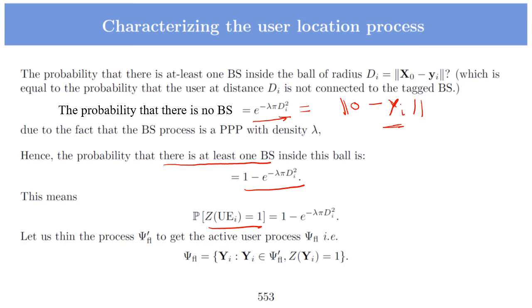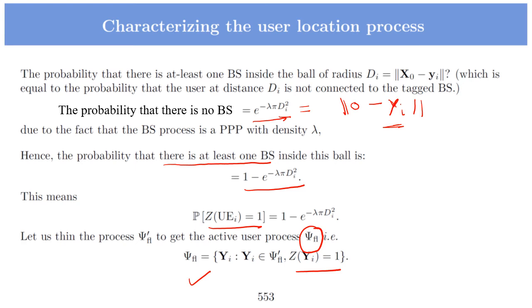So we can thin the process phi a, which is the PPP, such that only users which have this indicator equal to 1 will be selected and the other users will be removed.